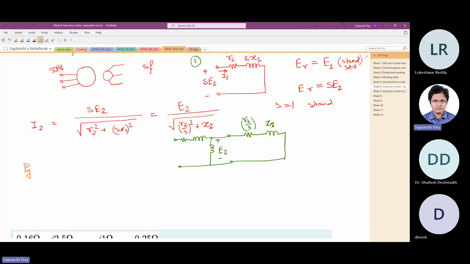So input power minus stator resistance loss is the gap power. Now we are talking about the rotor, so just look into this side. Here PG is entering, and that is causing some current I2 to flow. Now I can definitely write PG is equal to I2 squared times R2 by S, because that is the only element that can dissipate power in the circuit.